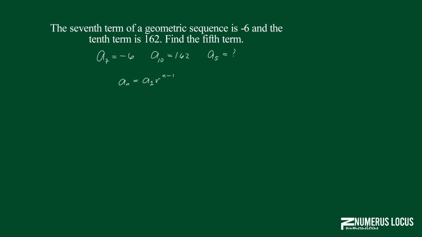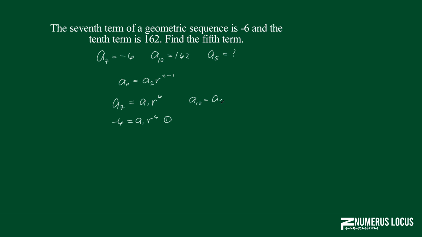From this working equation, we can rewrite a sub 7 as a sub 1 r raised to 7 minus 1, which is r raised to 6, and we know that a sub 7 is -6, so -6 equals a sub 1 r raised to 6. This is our first equation.